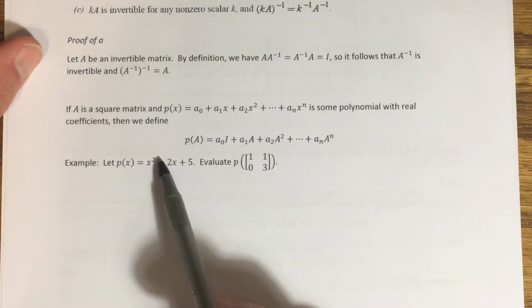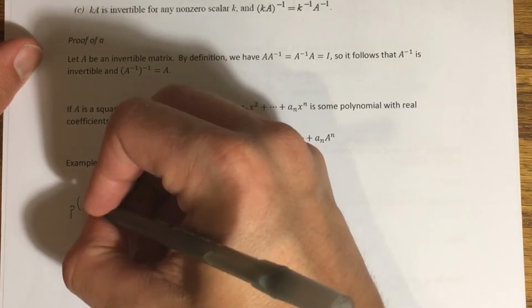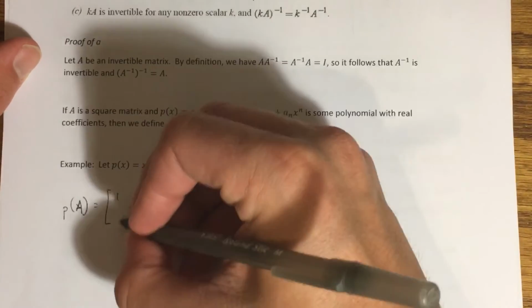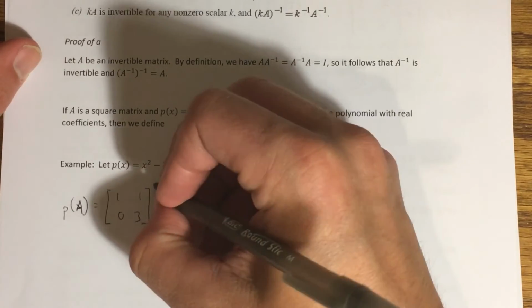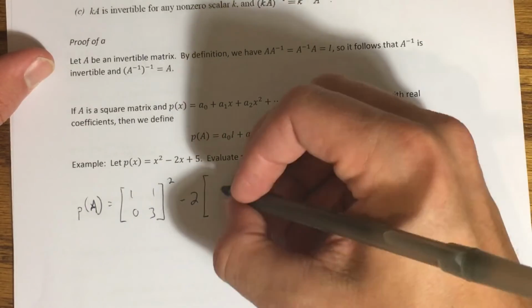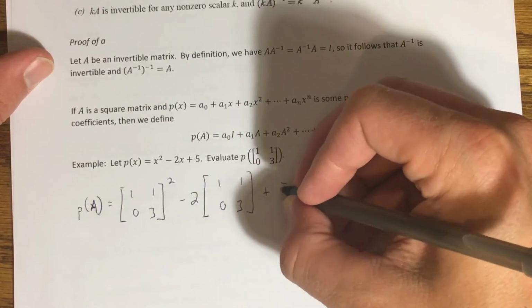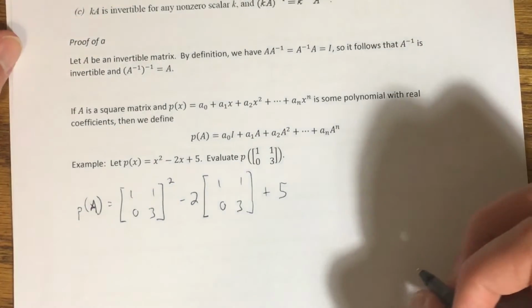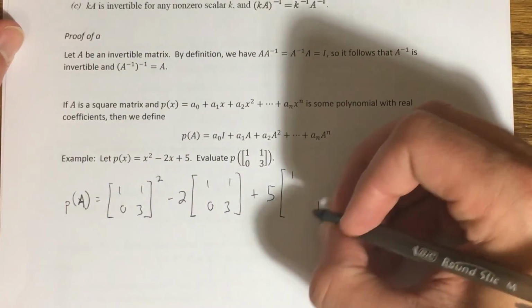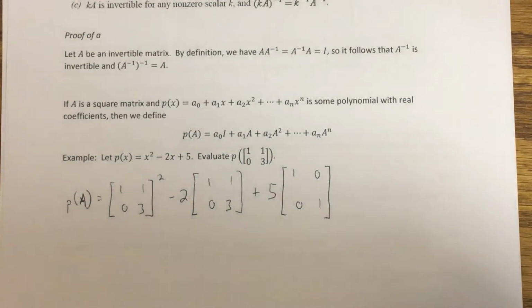P of A is equal to 1 1 0 3 squared minus 2 times 1 1 0 3 plus, now remember, it's not just 5, because that wouldn't work. You can't add a constant to a matrix. We multiply that by the appropriately sized identity matrix, which would be a 2 by 2, in order for all that addition to be defined.